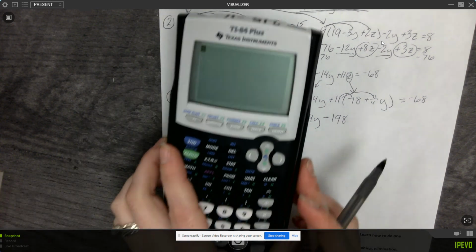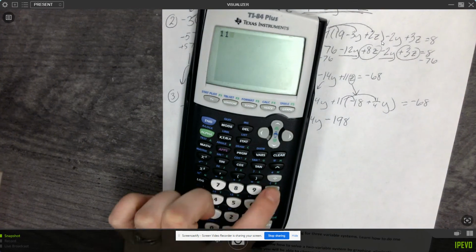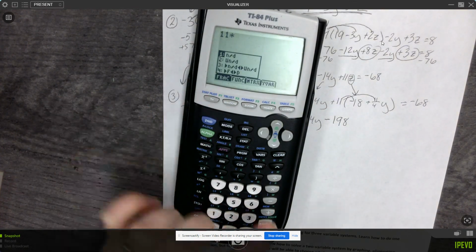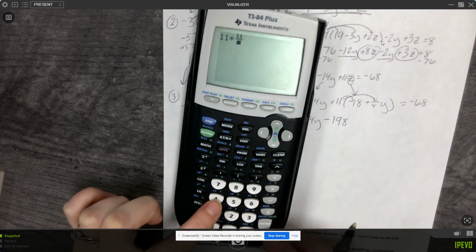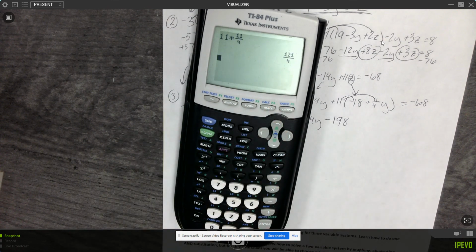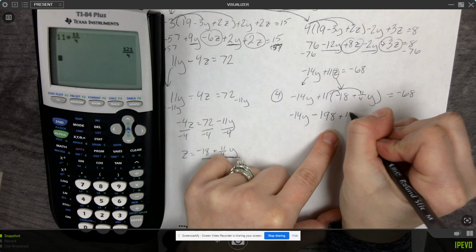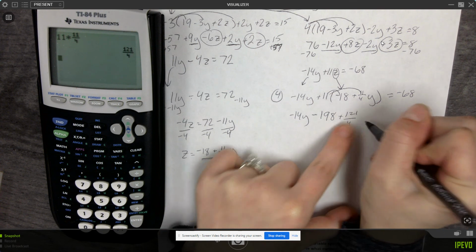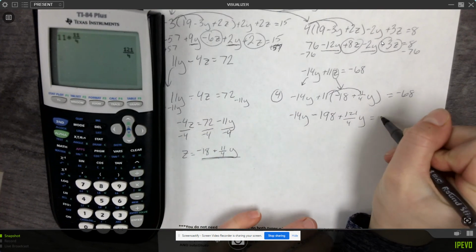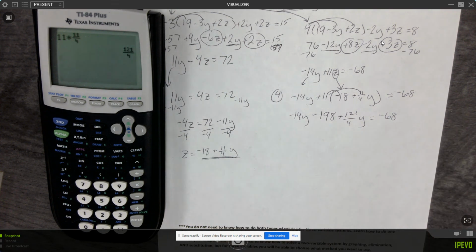You also can take your 11 and times it by a fraction in your calculator, 11 over 4, and it would reduce it for you if it reduced, and it would divide it for you if it would divide. So it doesn't. So we do have plus 121 over 4y, and that's going to equal your negative 68.